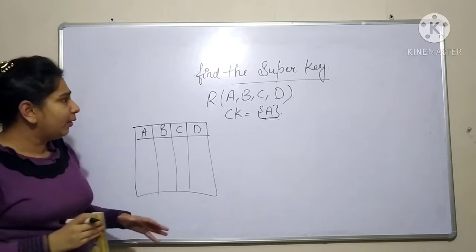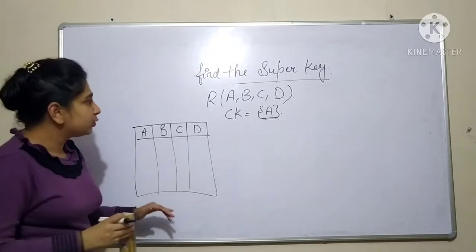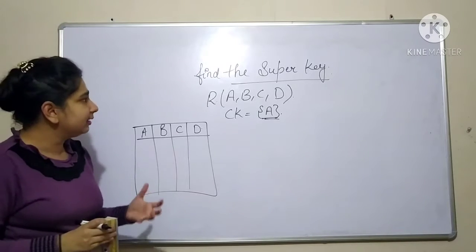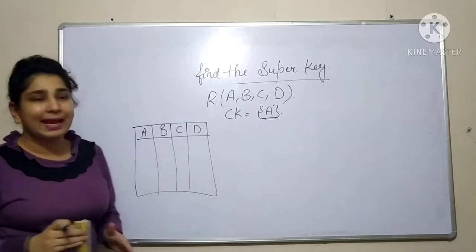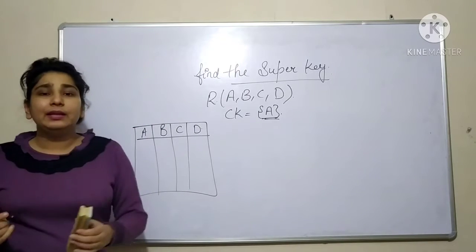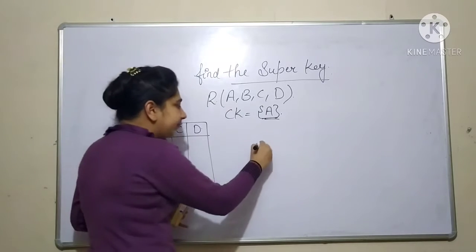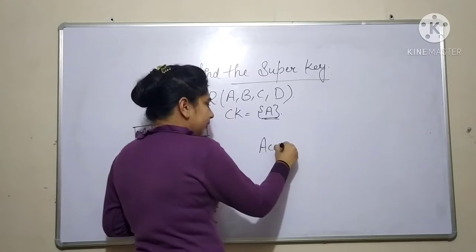Let me first give you one example so that you can relate it with candidate key and super key. If you look at bank accounts, we have an account number.